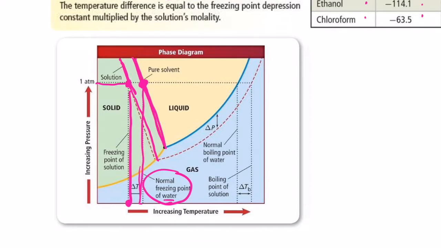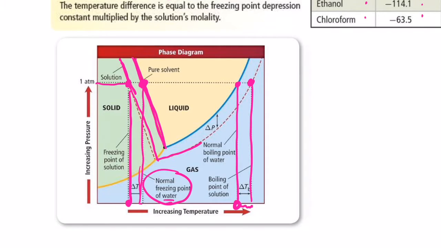Hey, let's take a look at the boiling point. Now remember, normal boiling point and normal freezing is when those phase changes occur at 1 atmosphere of pressure. Here's the normal boiling point of water. What happens when I add a solute to water? Well, we know that the boiling point will be raised, right? So at 1 atmosphere, it's going to boil at this higher temperature.